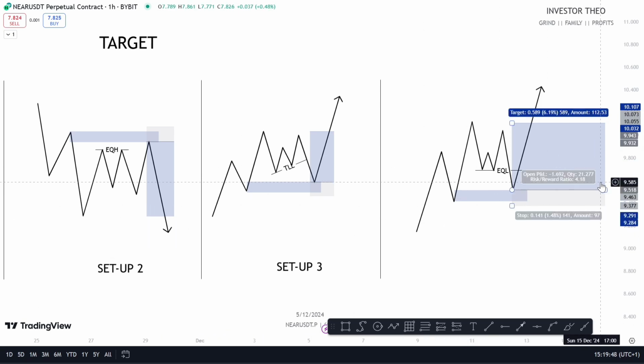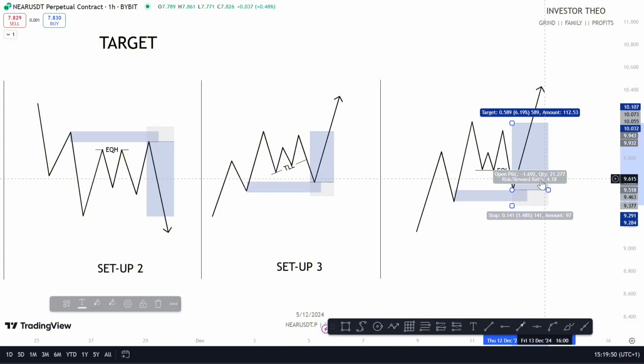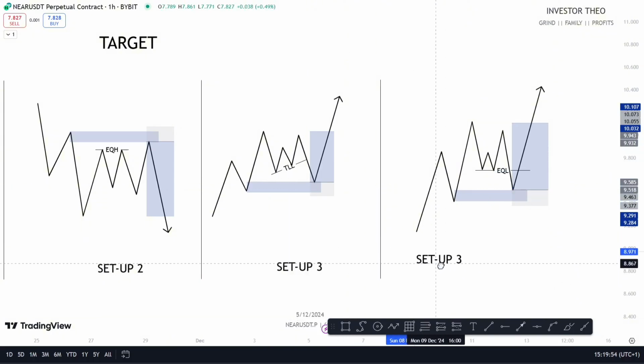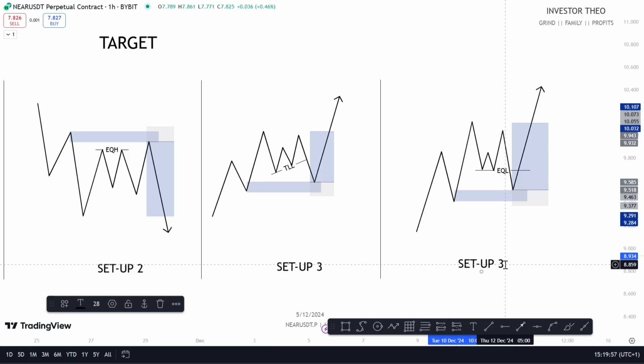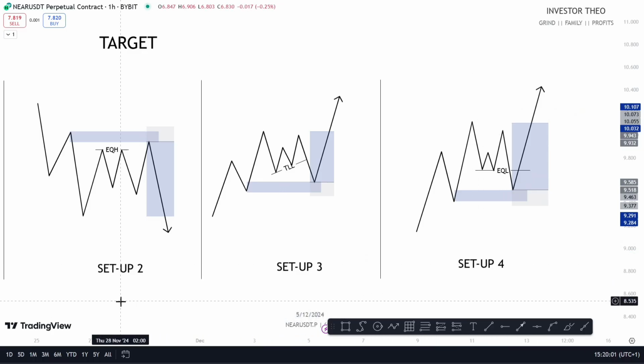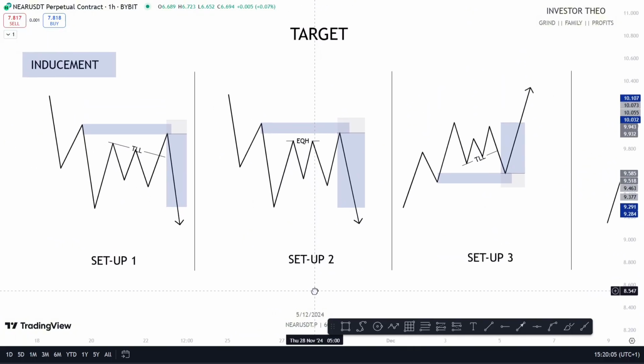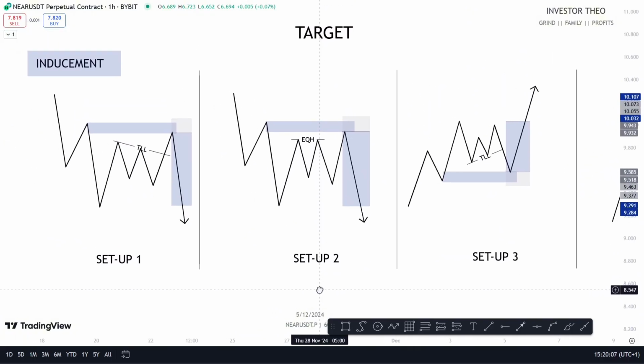So basically, this is setup 1, setup 2, setup 3. Then clone this so I can screenshot properly, and setup 4. The reason I'm doing this is so you can understand it clearly. I've given you 2 ways it shows for an uptrend, 2 ways it shows for a downtrend. If you are trading just inducement, you can have up to 60% accuracy with this, up to, which means it can be lower than that.